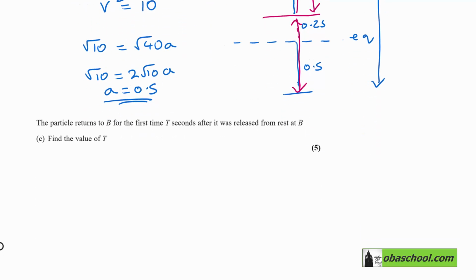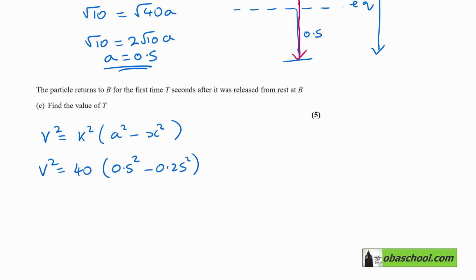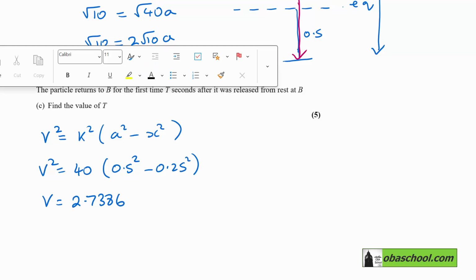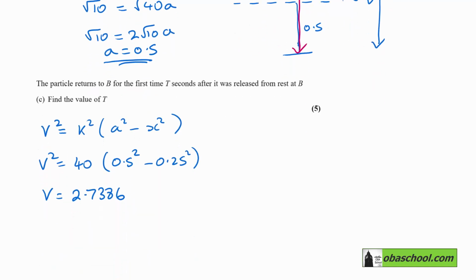So once again, we can use v squared is equal to k squared, a squared minus x squared. So v squared is going to be 40 times 0.5 squared, take away 0.25 squared. And that gives us v is 2.7386. So that will give us the speed at this point where it becomes slack.